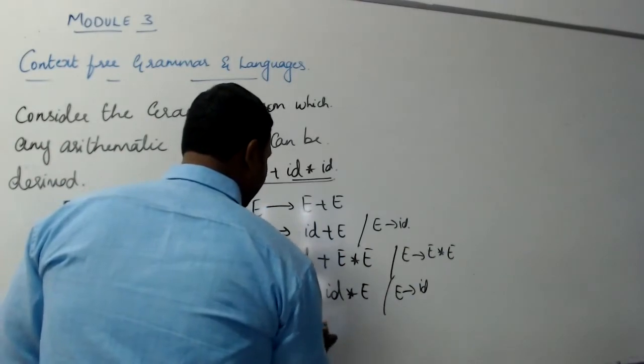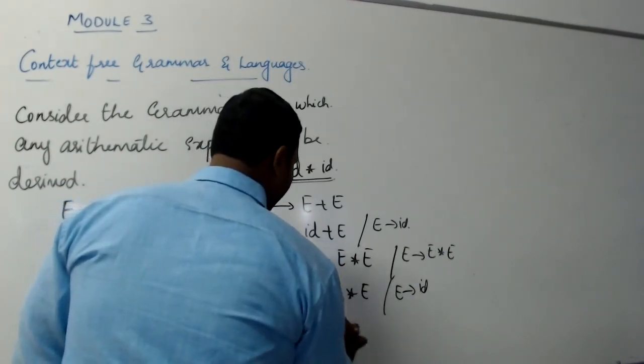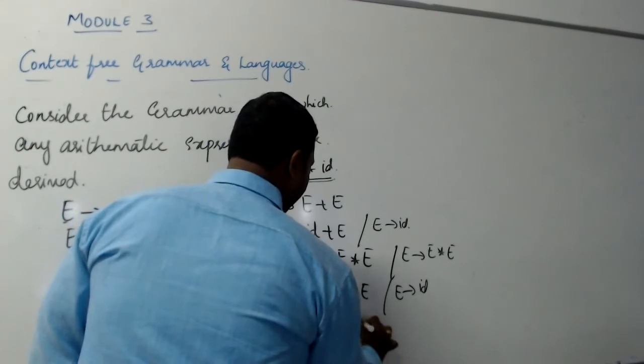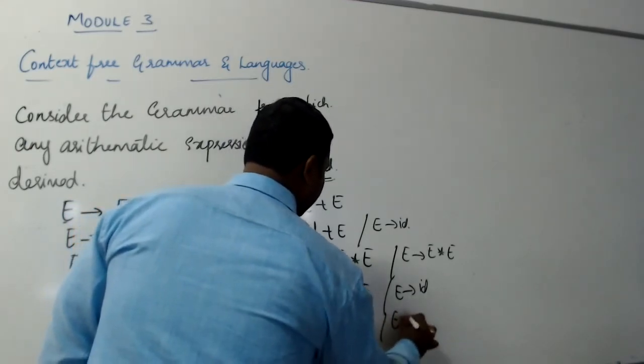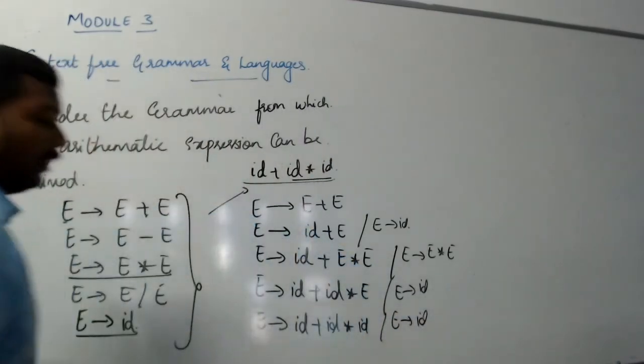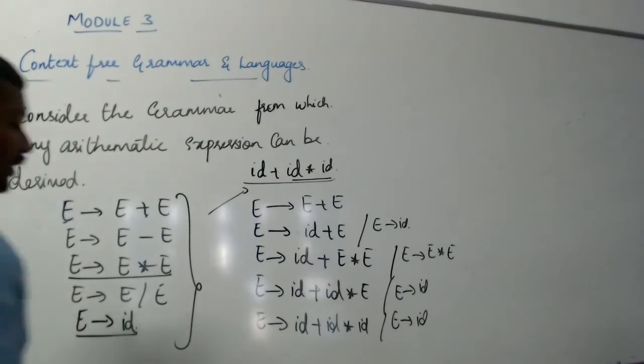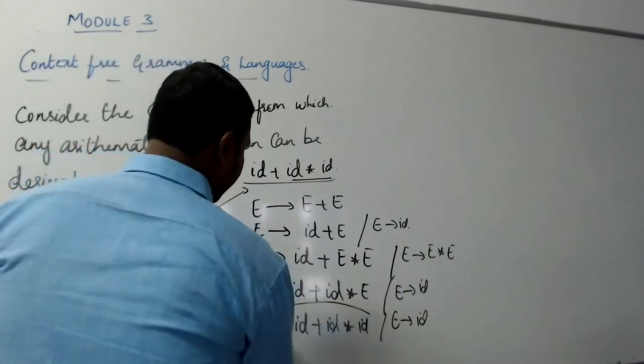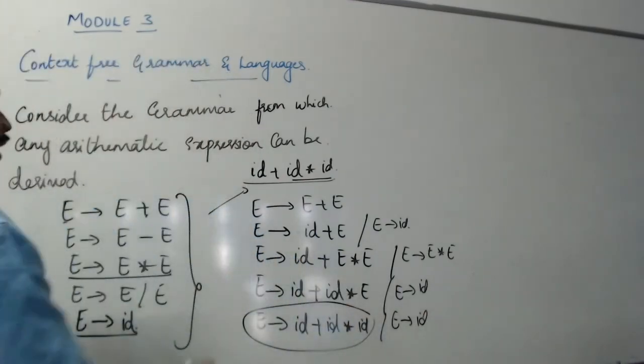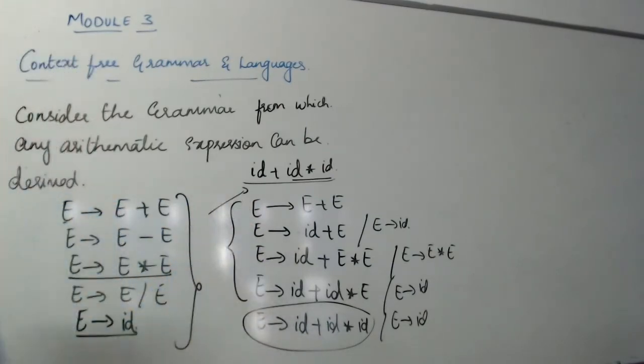Similarly E tends to id plus id star id, E tends to id, E tends to id. So this string is derived by applying two or more productions.